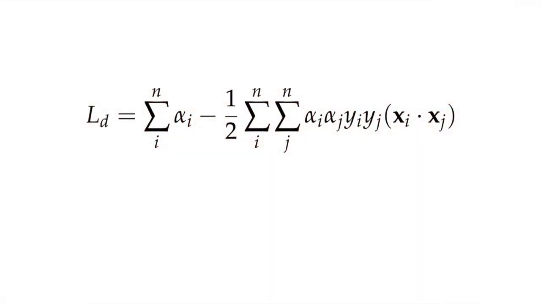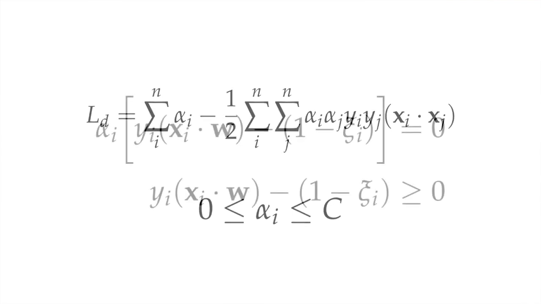When we differentiate this expression in the same way as before and substitute in order to form the dual objective, we get something which looks exactly the same as in the hard margin case in terms of the objective function itself, but with additional constraints. In particular, the constraint that all of the alpha i can be no larger than the cost coefficient C.